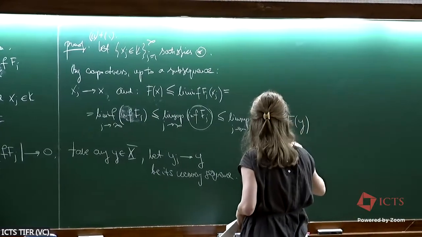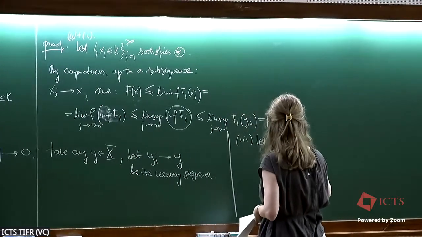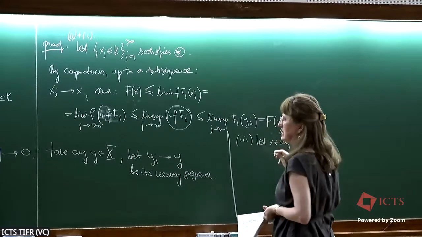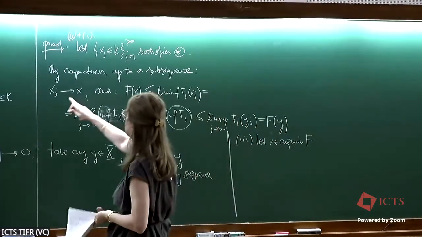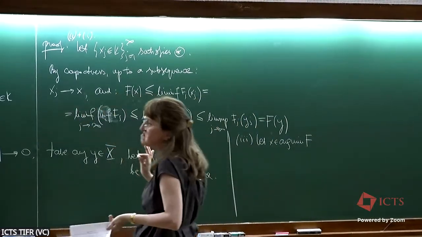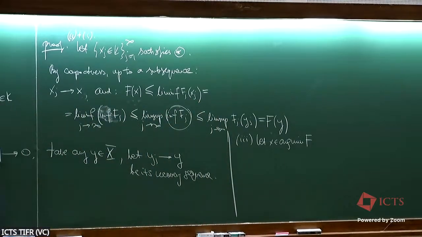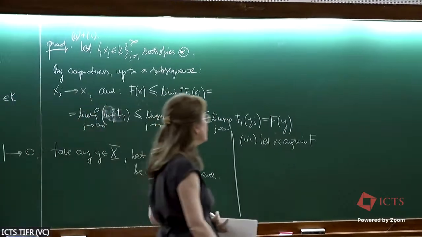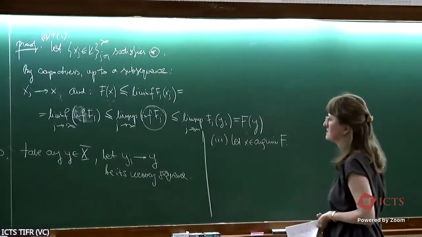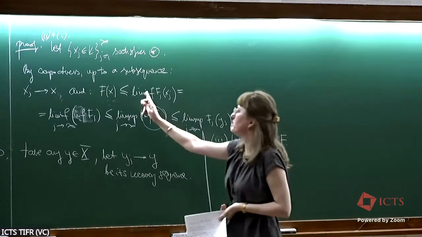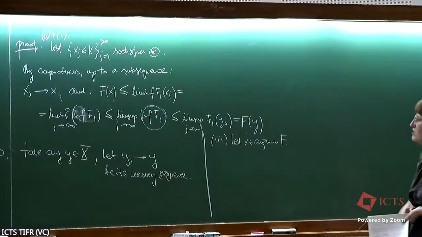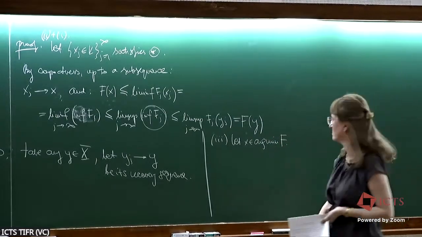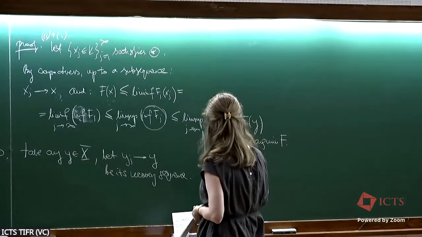Proof of 3. Let x be any point in the argmin of f, not necessarily in K, right? Here, automatically, those xj's were in K, so x is also in K. So I know that, in particular, f has a minimizer in K. Now, it may have many other minimizers. So let's take any minimizer of f.